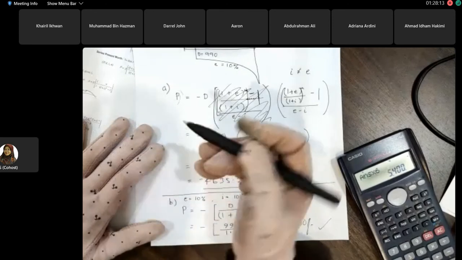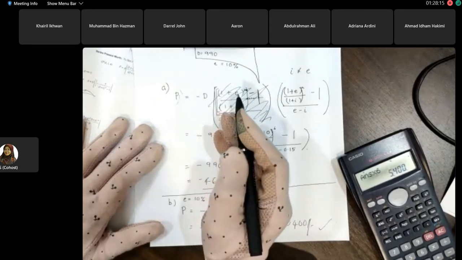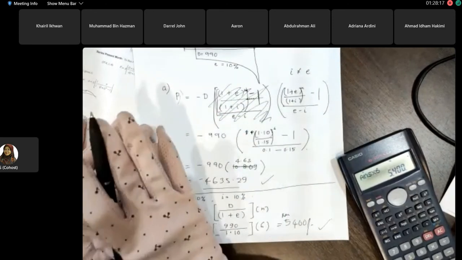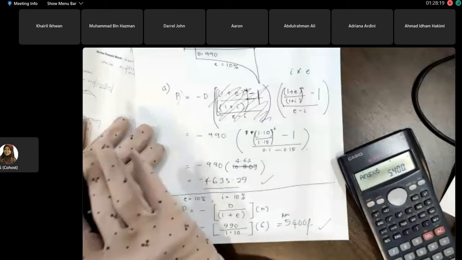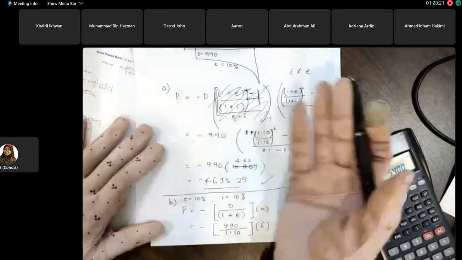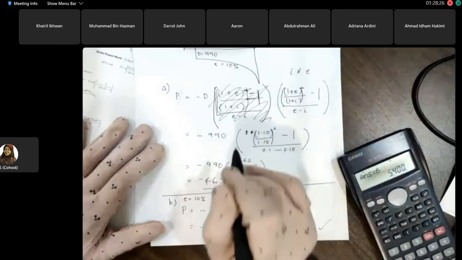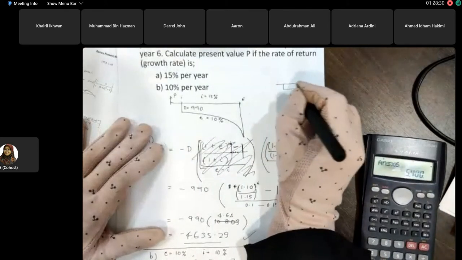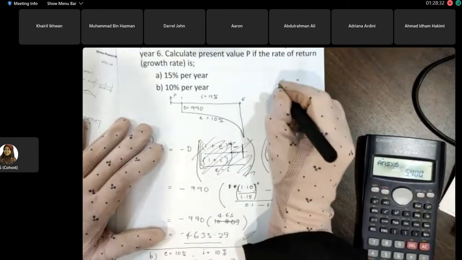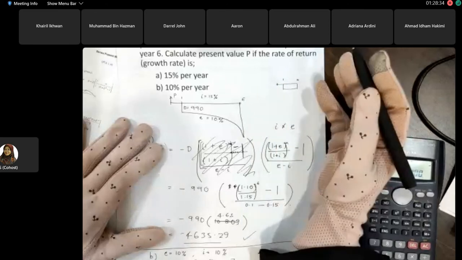But I prefer you to always make it P, because sometimes when you try to convert to F ke A ke, there is problem because you have to make sure the symbol tu must be yang ni 1 and then you can use the formula.